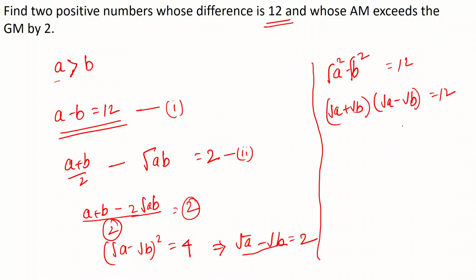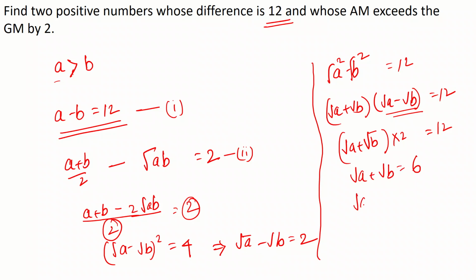This is 2, so I plug it in here. I get (root A plus root B) multiplied by 2 is equal to 12, so root A plus root B is equal to 6, that is 12 by 2. Now I have root A plus root B, and I have root A minus root B. I can easily find A and B. So root A minus root B is equal to 2.